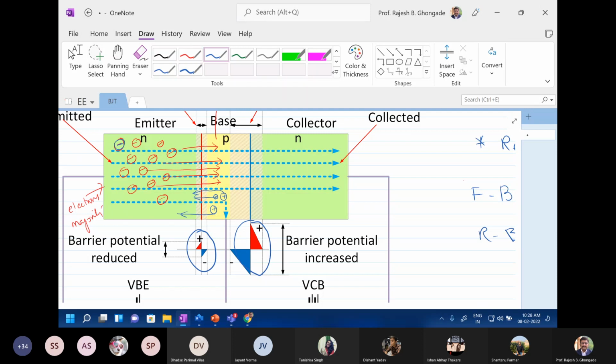Acha. Okay, so I'll just simplify this. अभी इसके बारे में नहीं सोचते. Okay. All right.